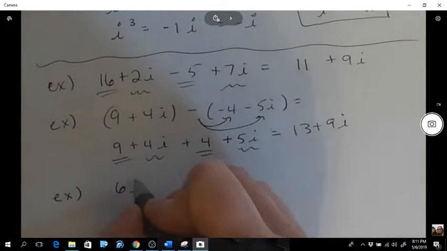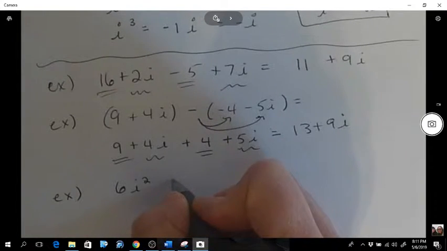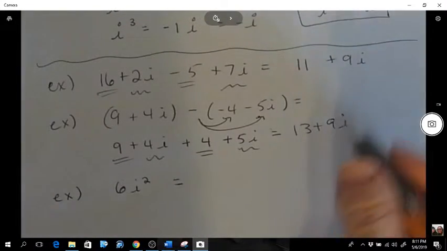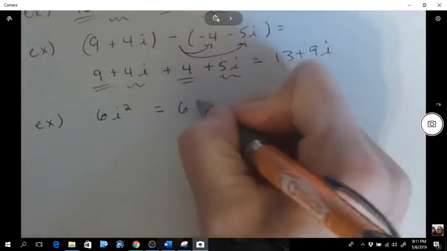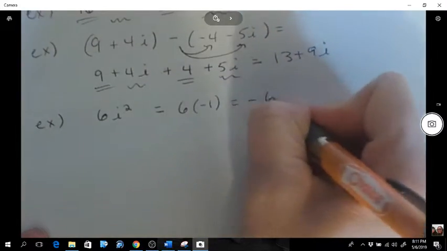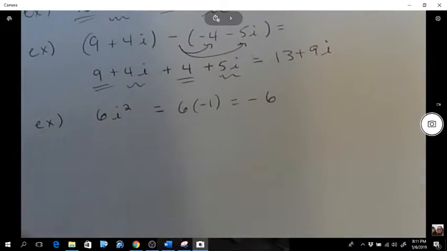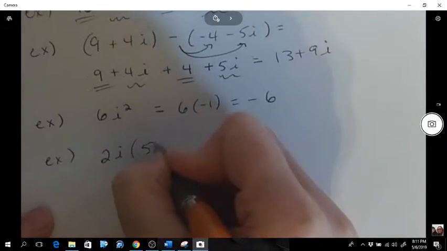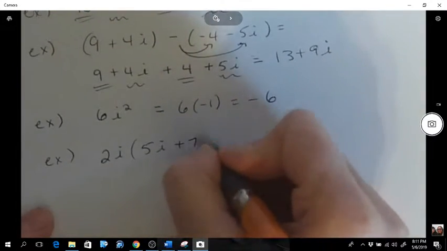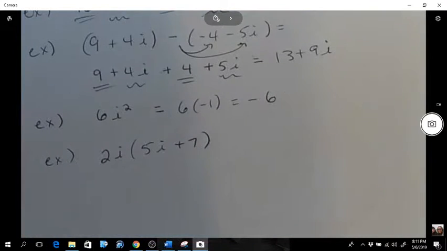Okay, 6i squared. So now we've already learned the value of i squared is -1. So now this becomes 6 times -1 or -6. Okay, 2i times 5i plus 7.